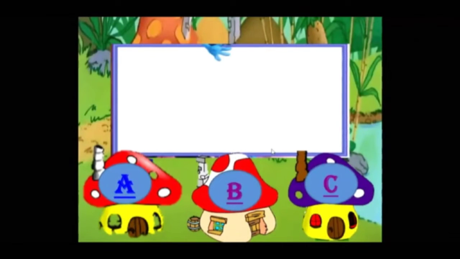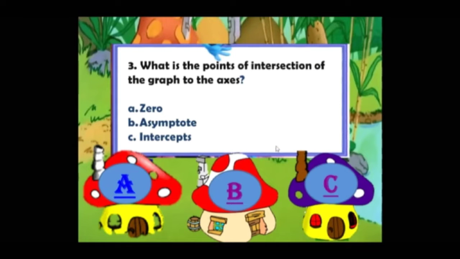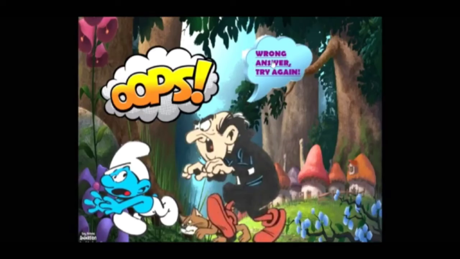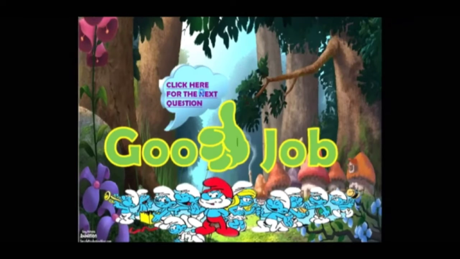Mr. Fababaer. What is the points of intersection of the graph to the axis? Your answer is letter B. Wrong answer. Try again. Your answer is letter C. Correct.